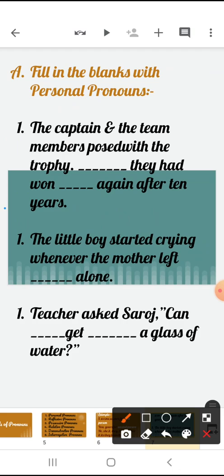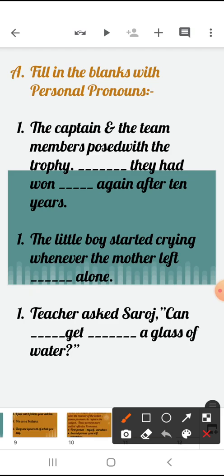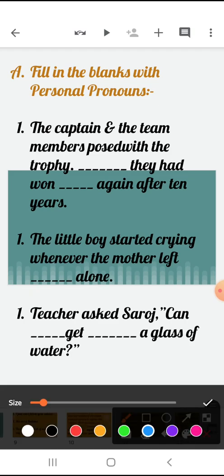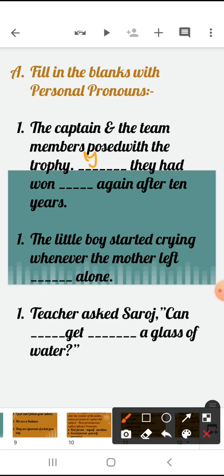Dash had won dash again after 10 years. They had won. For trophy, which word do we use?